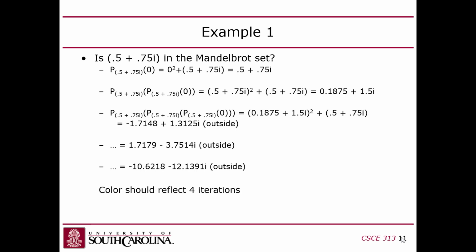So you take that result and plug it back in as z once again, so you're squaring 0.1875 plus 1.5i. You square that, you add it to the original c value again, and now you get negative 1.7148 plus 1.3125i.